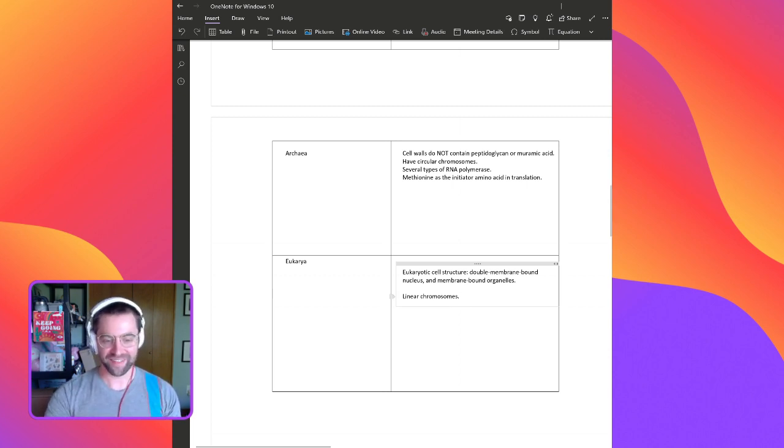All right. Linear chromosomes in eukaryotes. Eukaryotic cell walls, when present, for example in plant cells, generally contain cellulose or chitin.